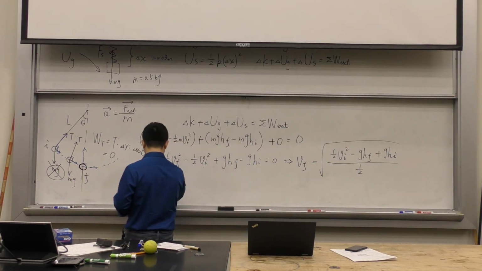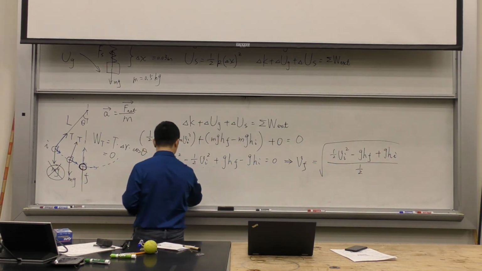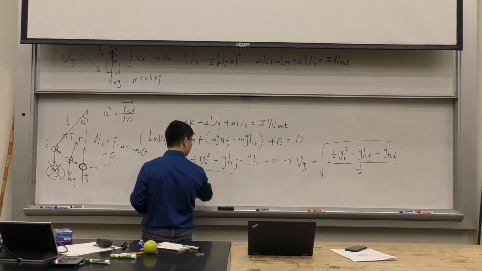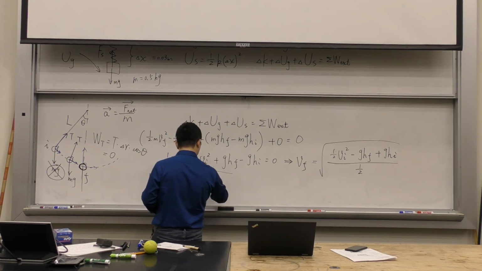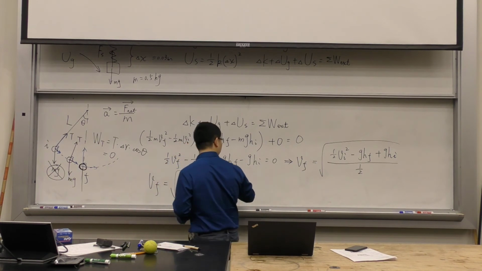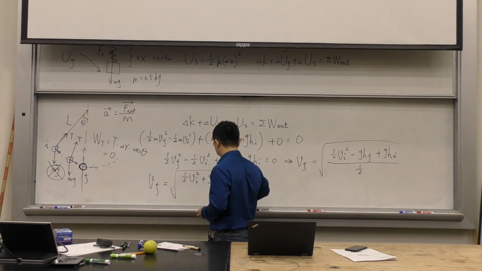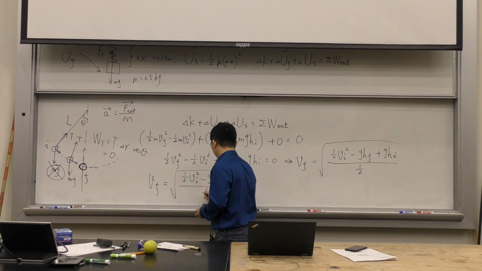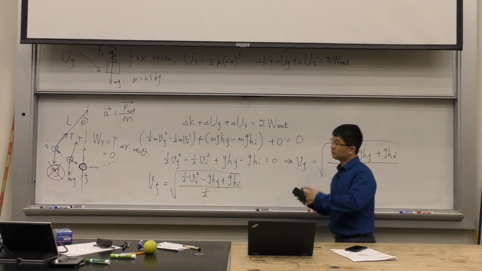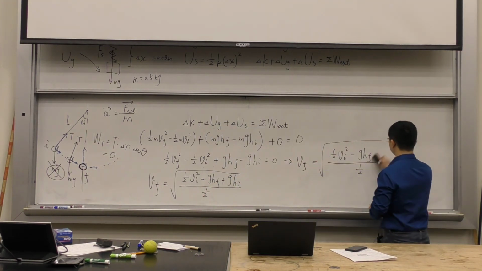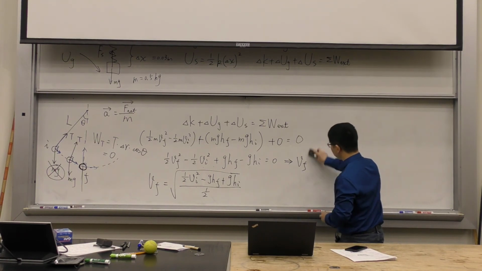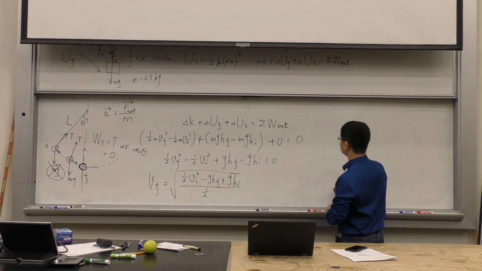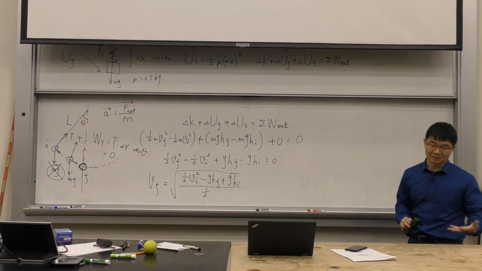Well, first of all, let me rewrite this guy here. So now I'm going to pick a reference point. So what we usually do is this, because I'm free to pick any point as the reference point. So why don't we just pick one of these 2 points as my reference point? So I can make one height 0, right? So that's just going to make my calculations easier, right?